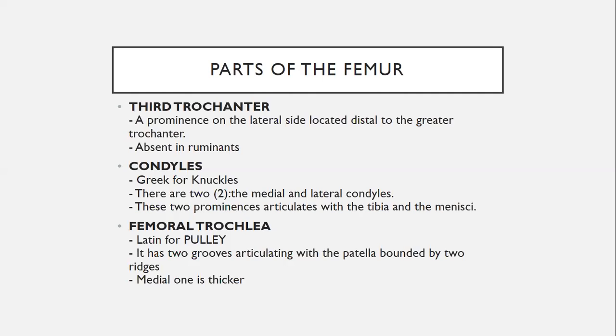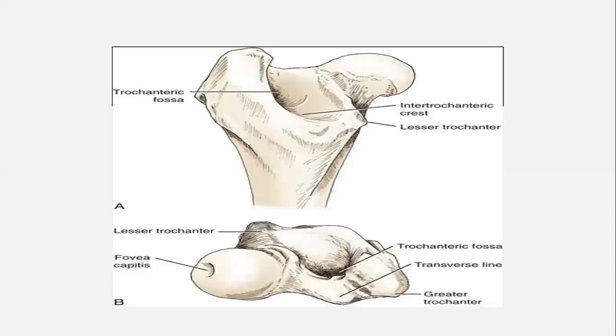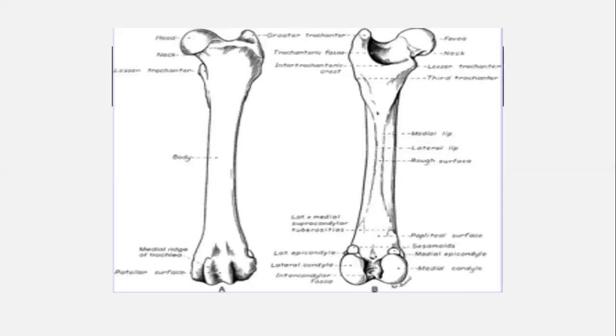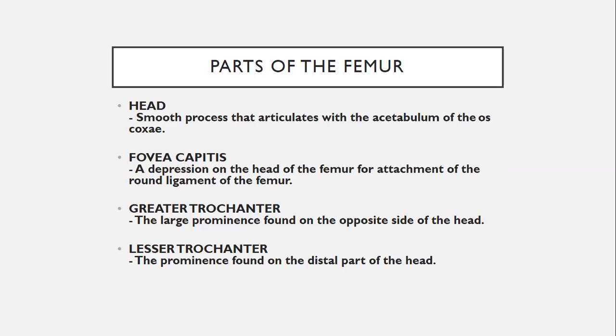Femoral trochlea, Latin for pulley, and it has two grooves articulating with the patella bounded by two ridges, and the medial one is usually the thicker one. So you will find out which one is the medial one, which one is thicker.